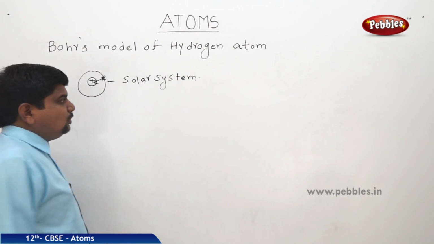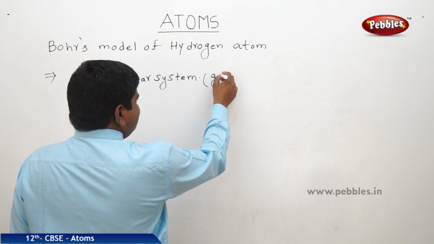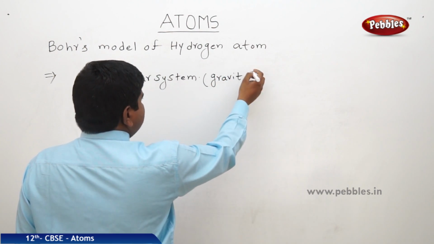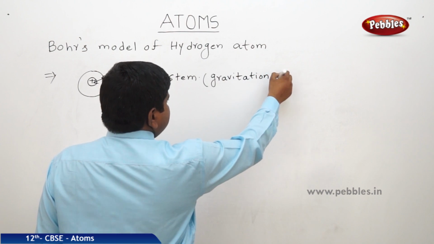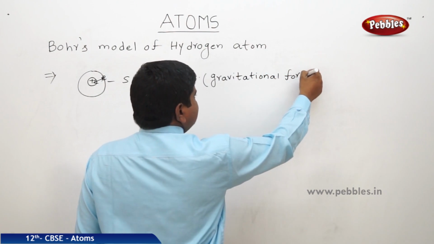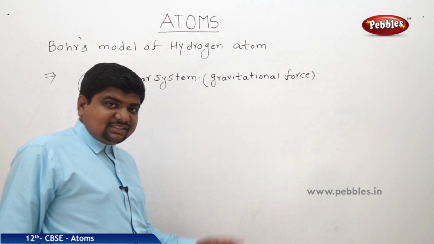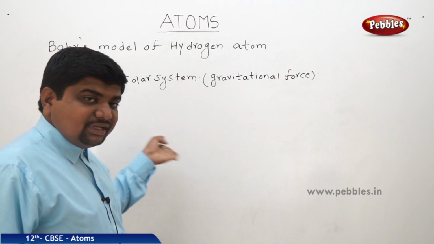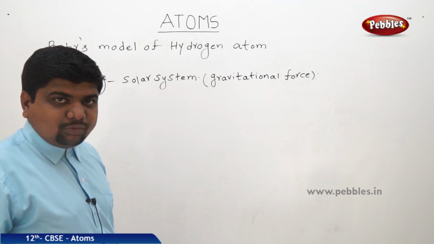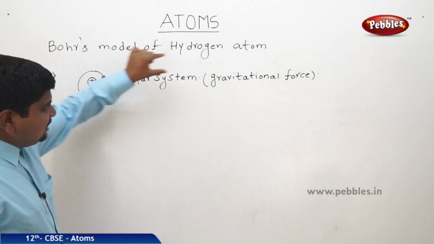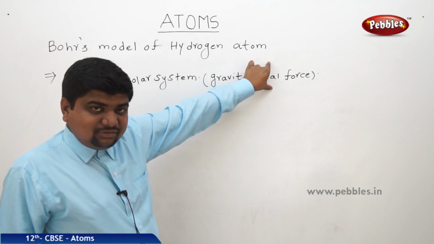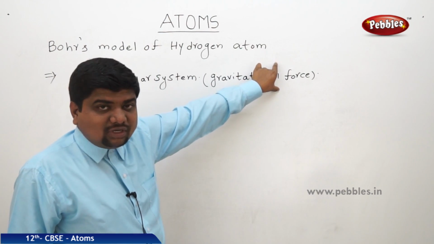In the solar system, gravitational force is the key to hold the solar system stable. The sun is at the center, and all the planets are revolving around the sun in their own orbits, with the sun at one of their foci. In the solar system, gravitational force is the reason to stabilize the system.